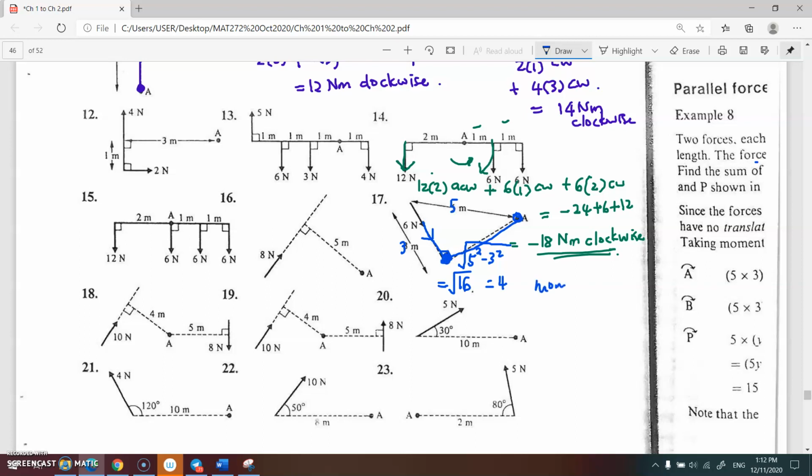So the moment would be: the force is 6, the distance is 4. And if we move it here, the nut would be anti-clockwise. So you get 24 Newton meter anti-clockwise.